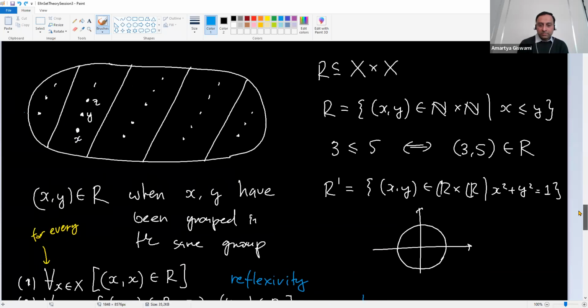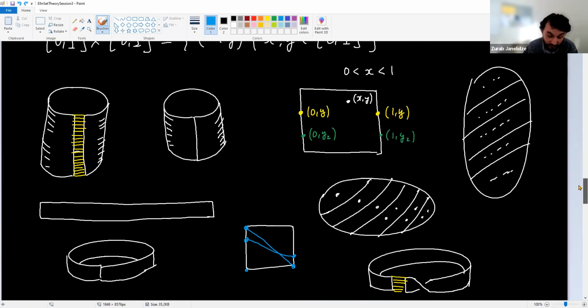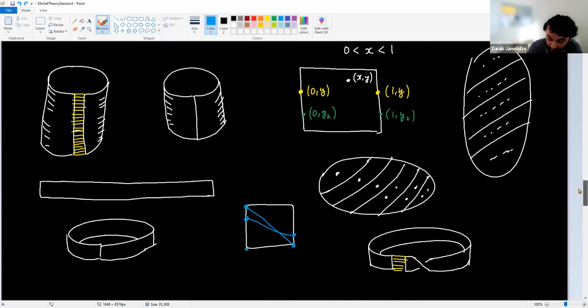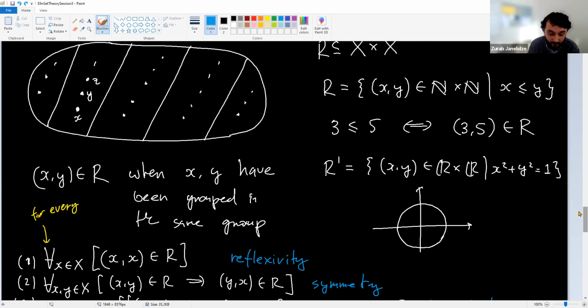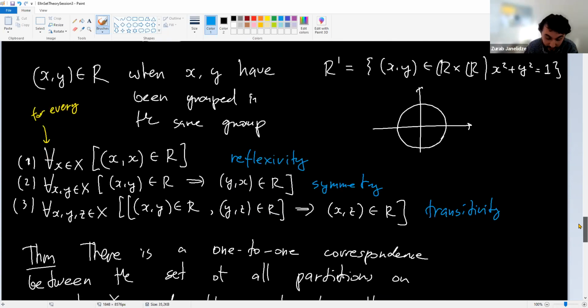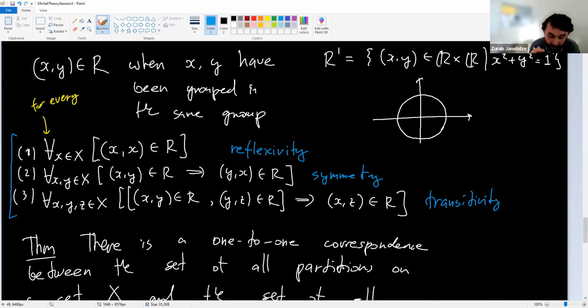Just like Shimon was telling us, when he was describing the partition, he was using the terminology that you identify something with something else. Identify means you don't distinguish between them. In other words, you think of them as being equivalent. You think of things in the same group as being equivalent to each other in a certain sense. And so this is the precise notion of equivalence relation.